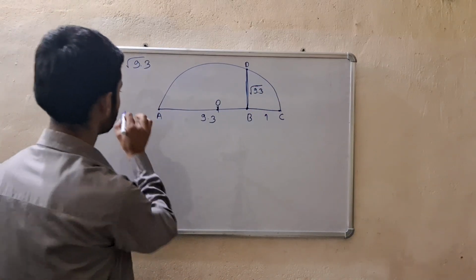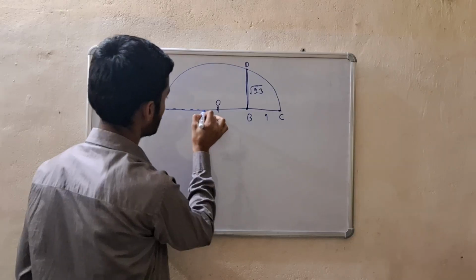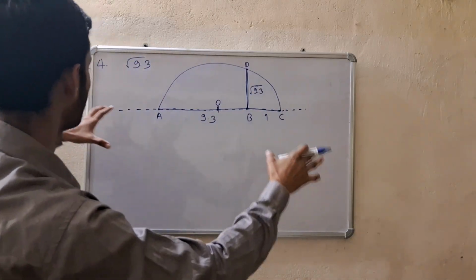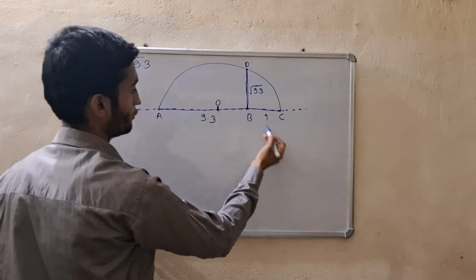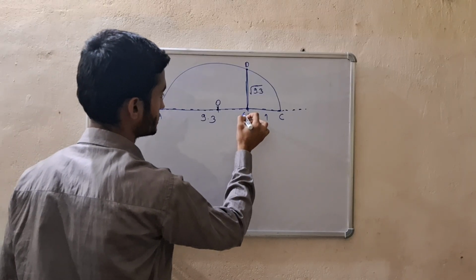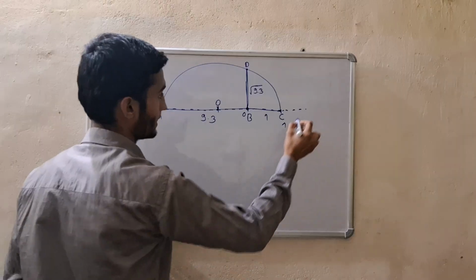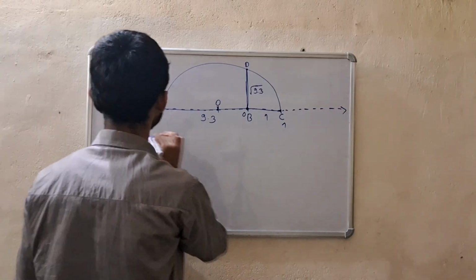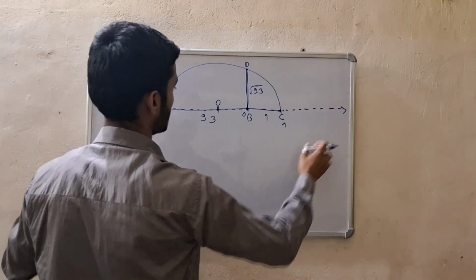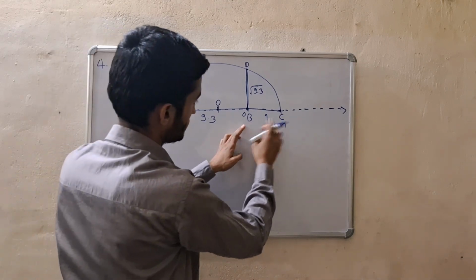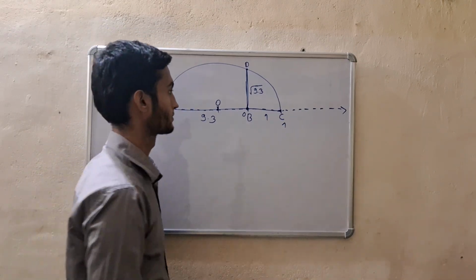Now we can move this figure onto a number line where this B coincides with 0 and this C becomes 1, so this is our number line. So B is 0, C is 1, because from B to C this is 1 unit, right?